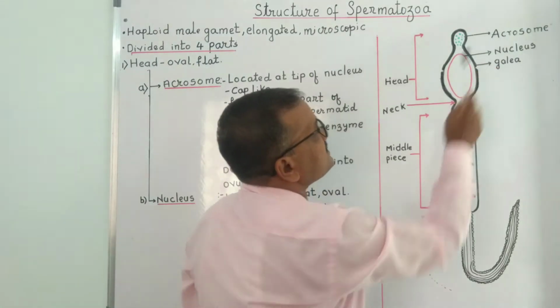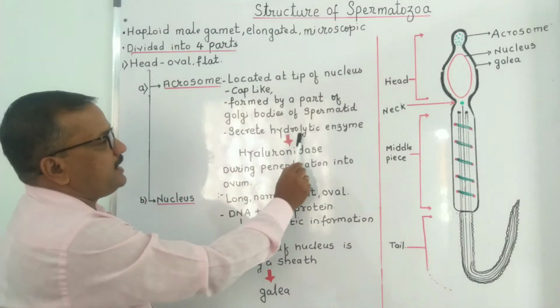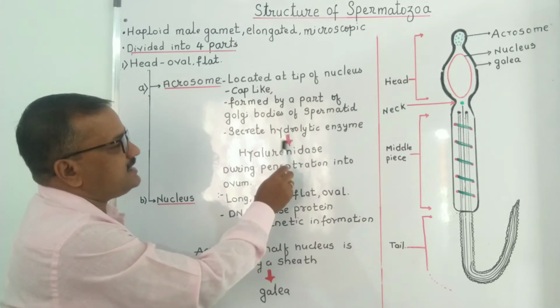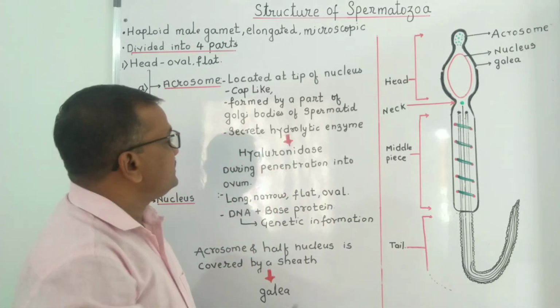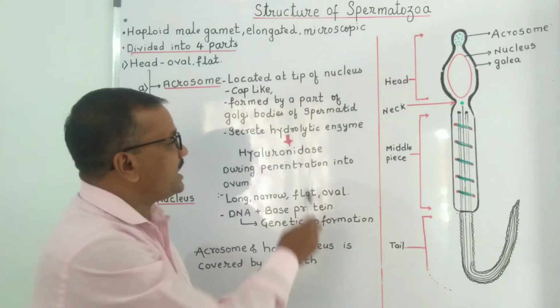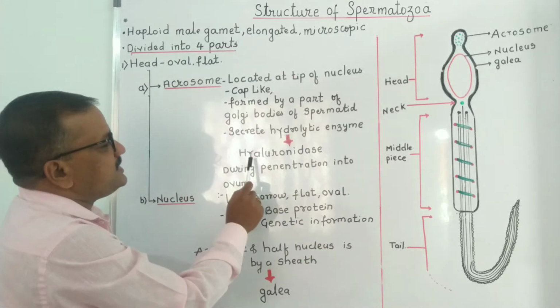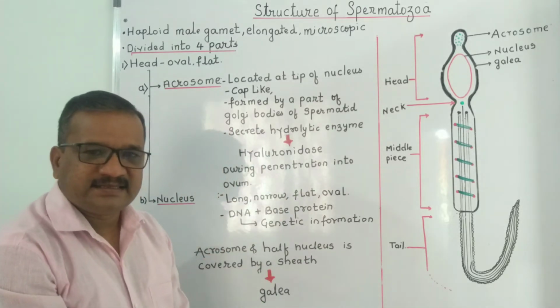The acrosome secretes a hydrolytic enzyme, and inside these hydrolytic enzymes there is the enzyme hyaluronidase. So the name of the hydrolytic enzyme present inside the acrosome is hyaluronidase.